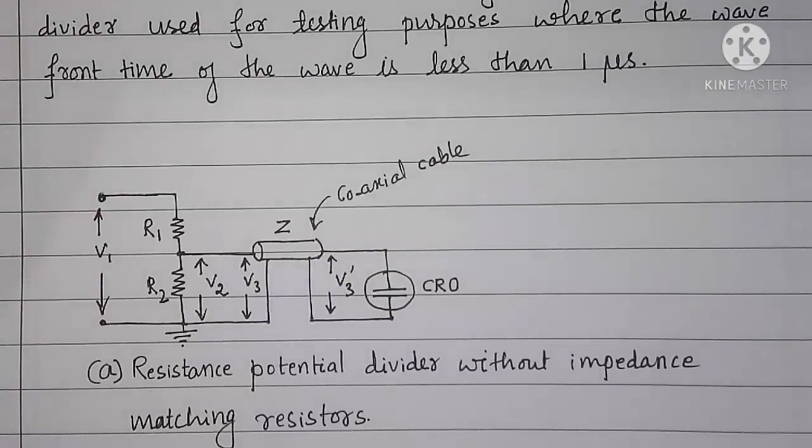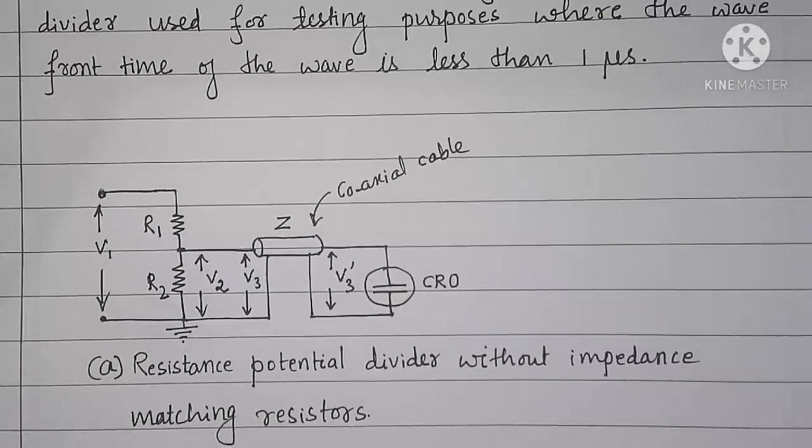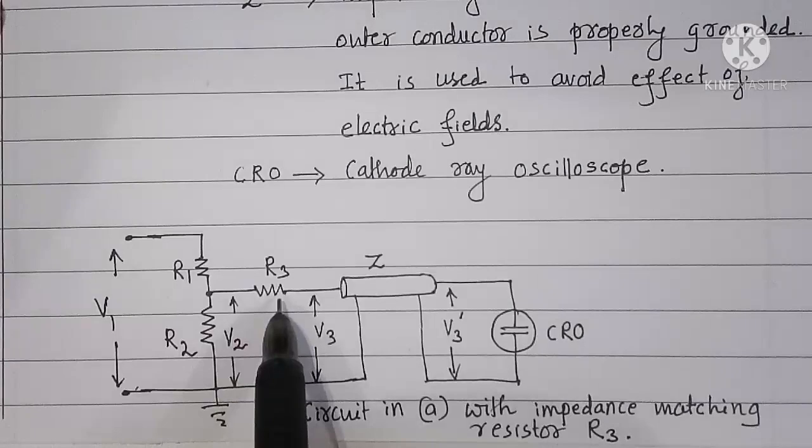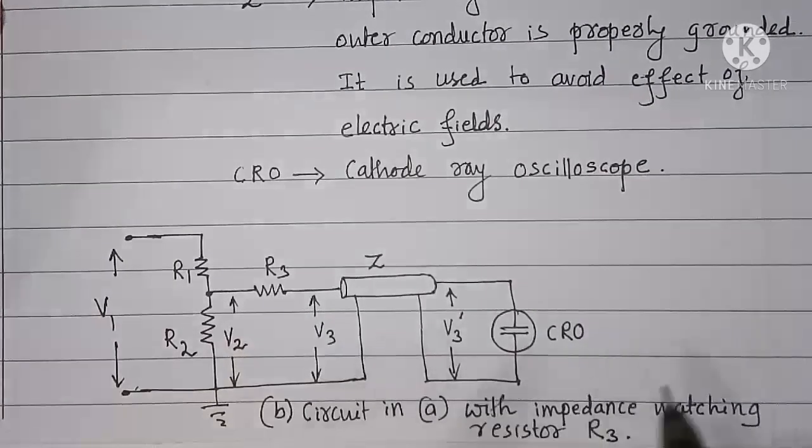That I will show in next circuit diagram. Now you can see here circuit B, which is almost the same as that of circuit A, but here R3 is connected as already explained. So circuit B is circuit A with impedance matching resistor R3.